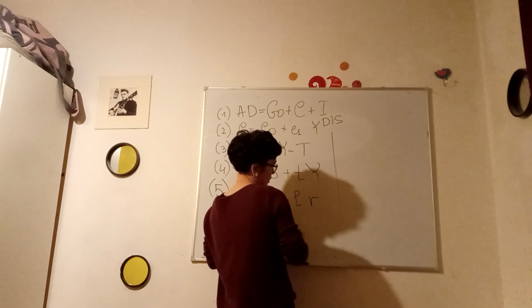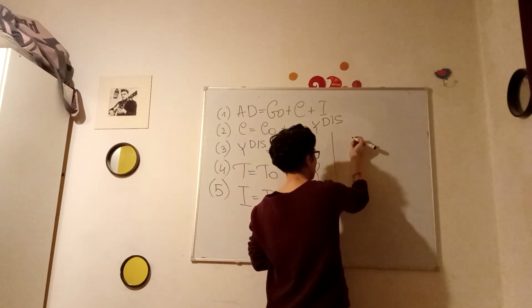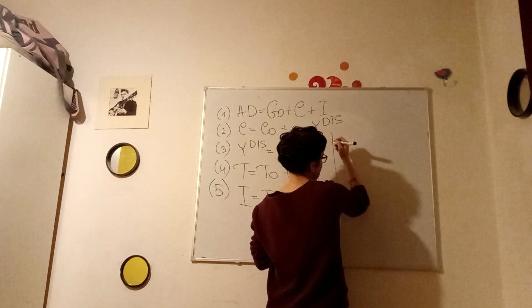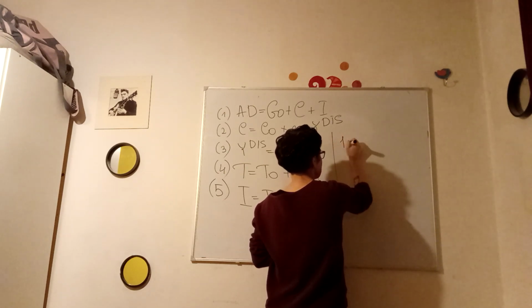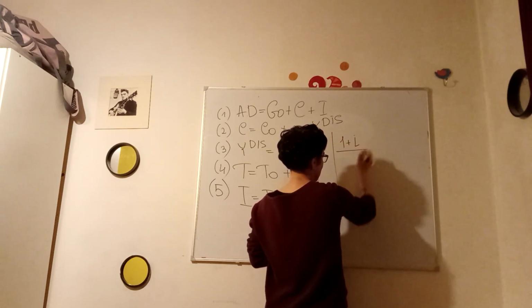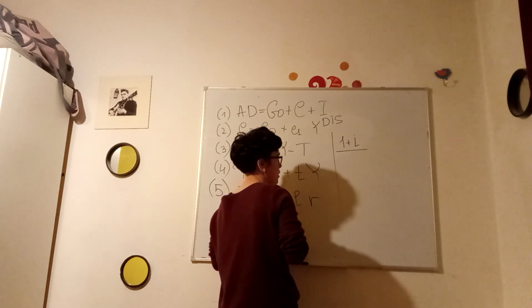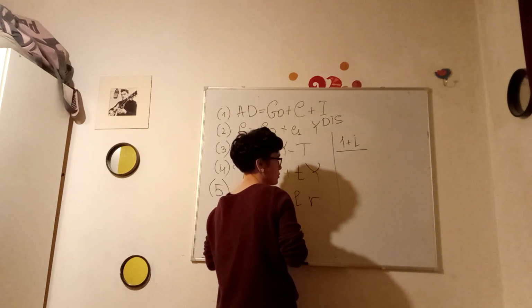When it comes to the real interest rate, there is a nominal interest rate, the interest rate you are going to get or you are going to pay to the bank or any other financial institution.